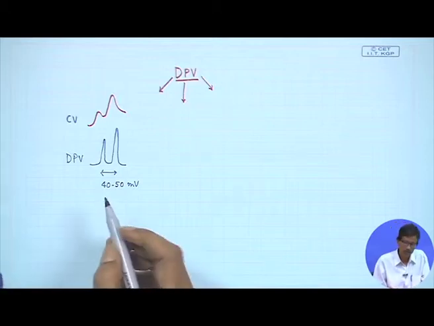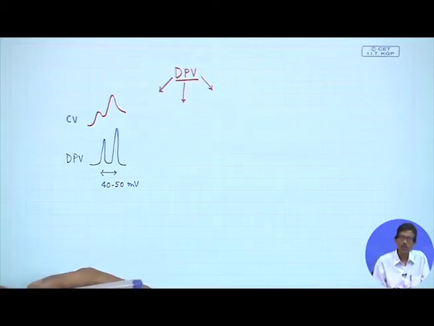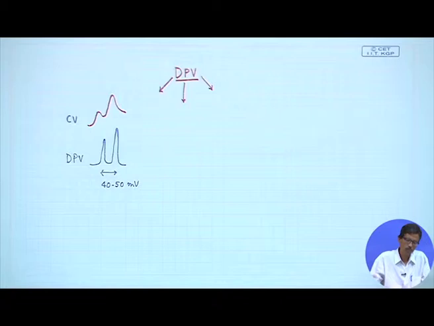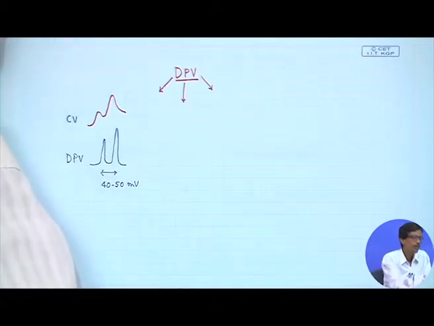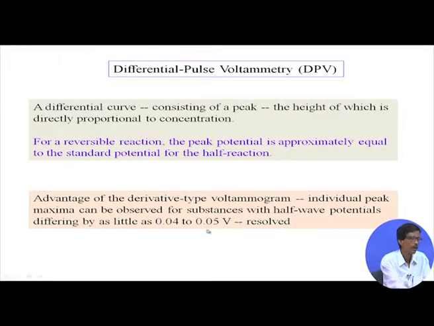The resolution is very high and we can differentiate these two in DPV. So, from CV we can go for DPV when there are overlapping peaks in the range of 0.04 to 0.05 volt, which can be resolved nicely.